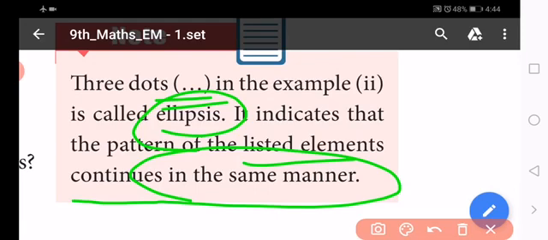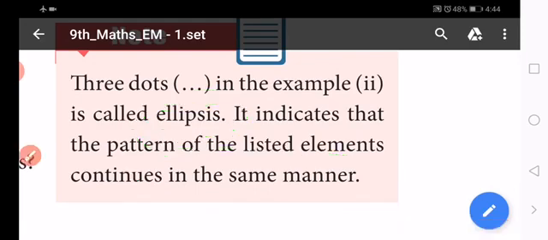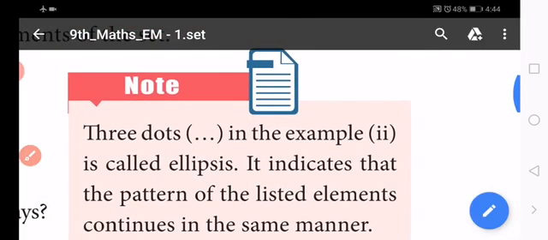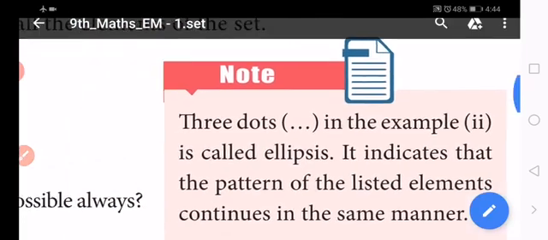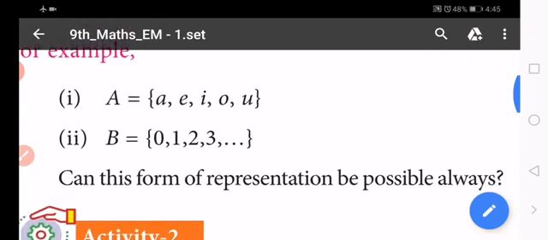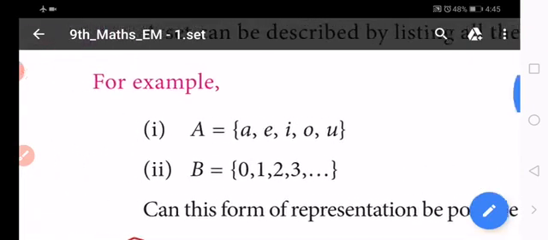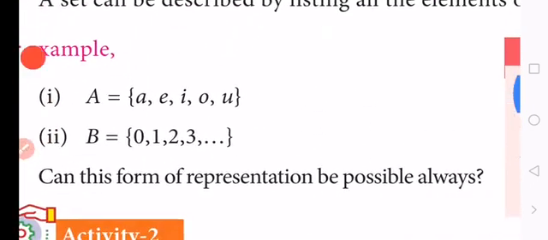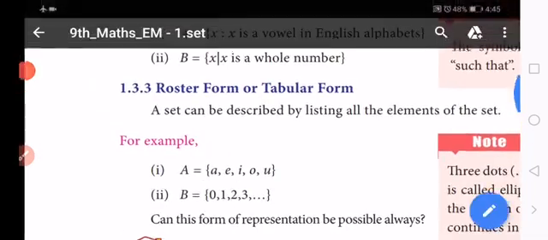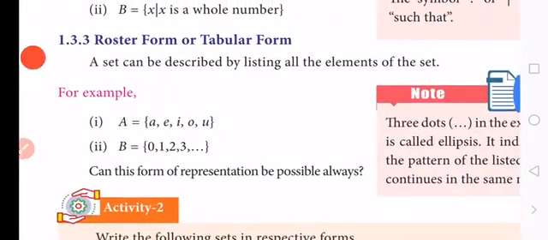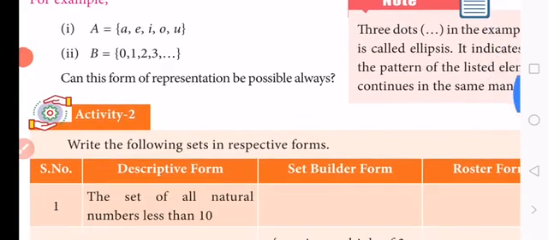So in the roster form, all the elements are listed within the curly brackets and separated by commas. So this is the roster form or tabular form.